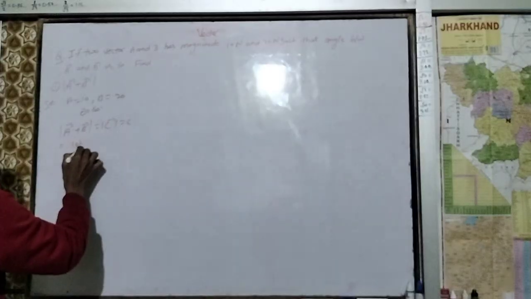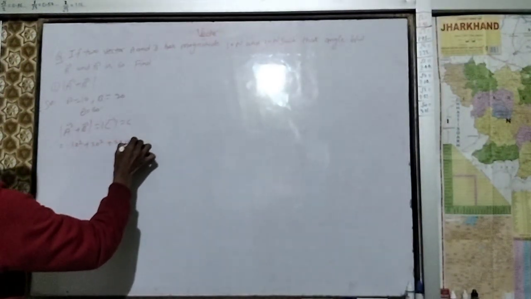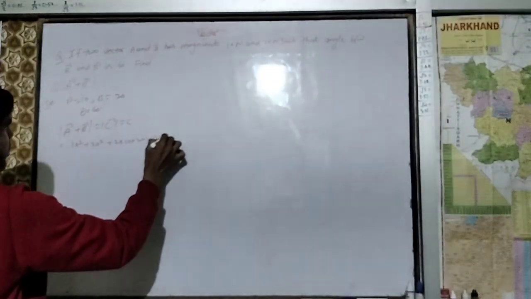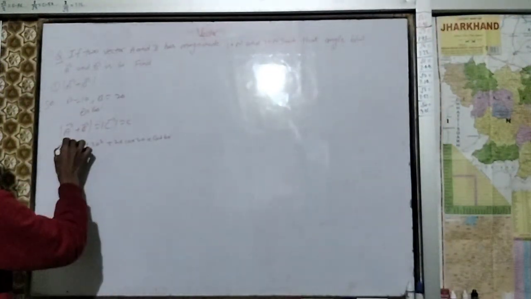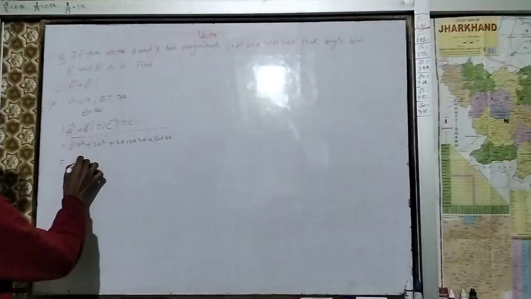So 10 raised to power 2 plus 20 raised to power 2 plus 2 multiplied by 10 multiplied by 20 multiplied by cos 60, all under root. Now 10 squared is 100, 20 squared is 400, cos 60 is nothing but 1 by 2, this is cutting by 200.